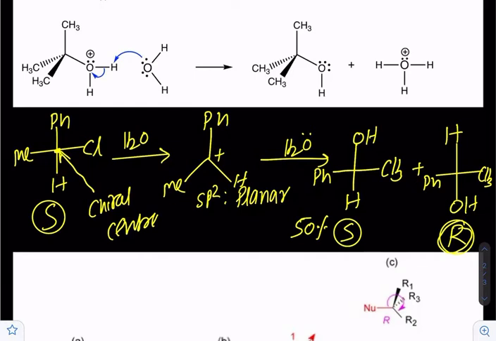In this case, we will have a racemic mixture of enantiomers if you have a chiral center.